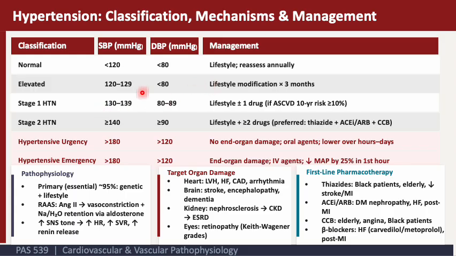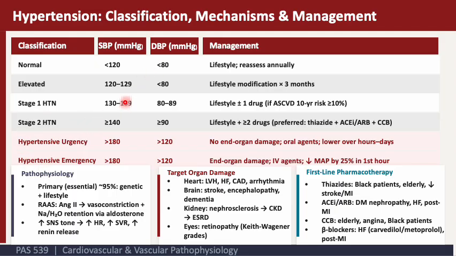Usually you do their 10-year risk stratification, trying to see if they're going to have some type of acute cardiac event. This is known as the atherosclerotic cardiovascular disease risk factor.